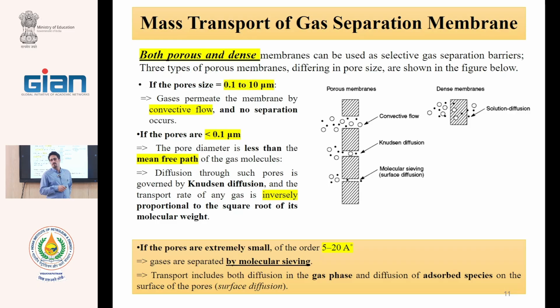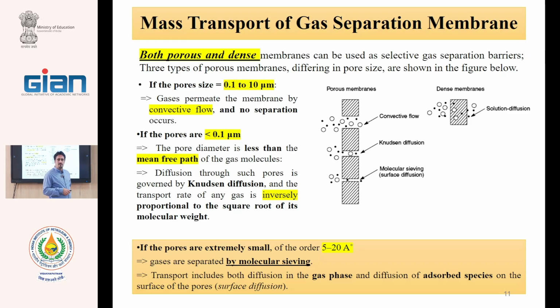The interaction between the molecule and pore size and the chemistry of the polymer membrane can cause different mechanisms. When the pore size is bigger than 100 nanometers, from 100 nanometers to 10 microns, we have no separation, and the mechanism is convective flow.